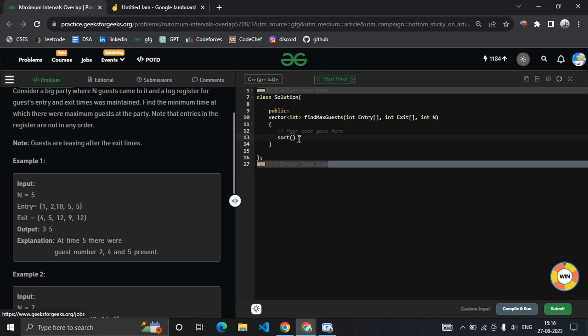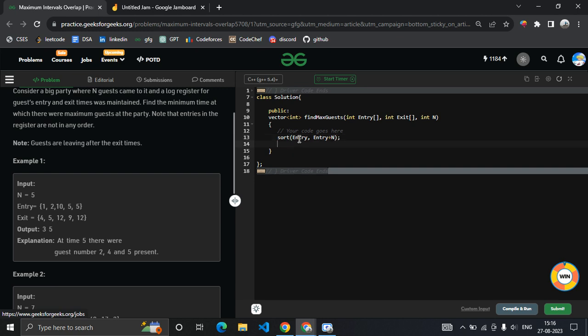We have to sort the entry times, from index 0 to n. Similarly, we have to sort the exit times again, from exit to exit plus n.